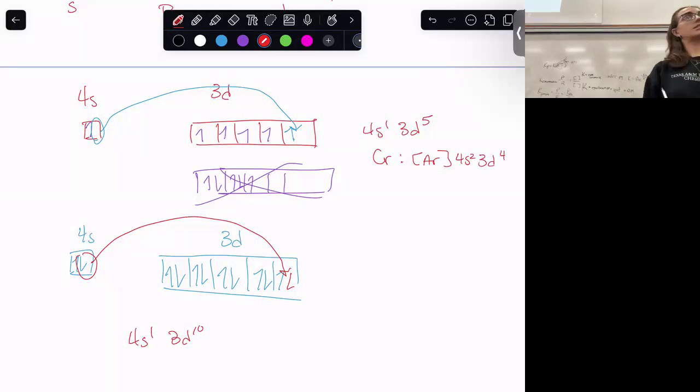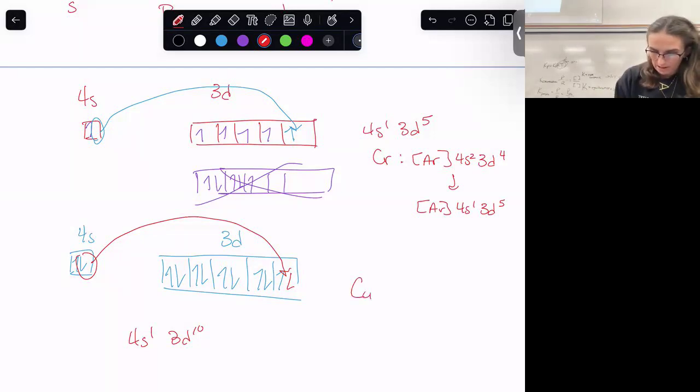It doesn't actually exist as 4s2 3d4. It's actually 4s1 3d5. Okay, and the other one is copper. Copper is argon 4s2 3d9, but it's actually argon 4s1 3d10.